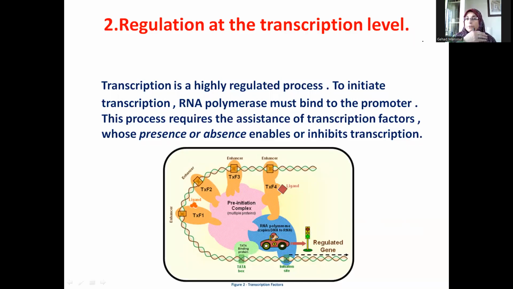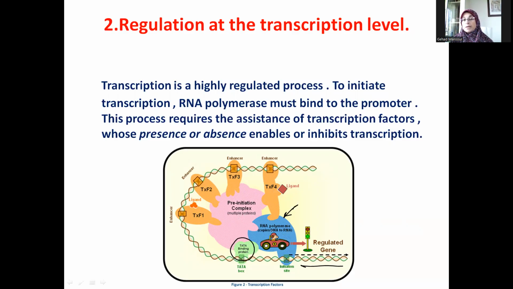We can also have regulation at the following level, which is the level of transcription itself. So the main enzyme for transcription is the RNA polymerase that is going to transcribe a certain stretch of DNA, but it should first bind to a promoter and a particular sequence on the promoter that is called the TATA box.